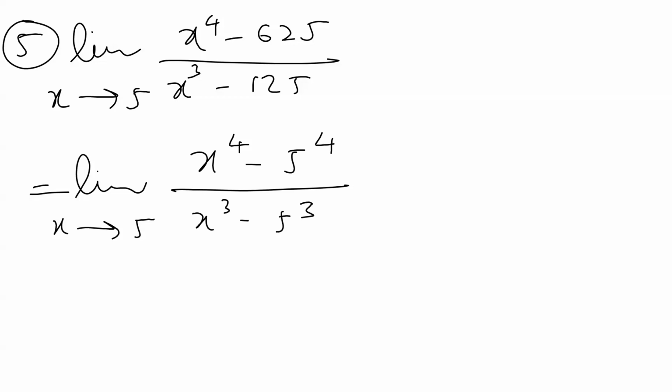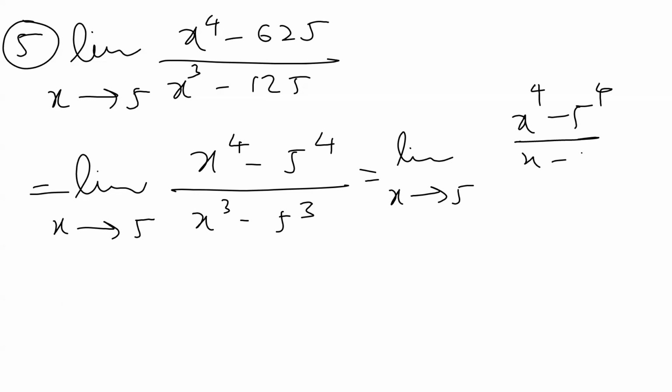And then multiply and divide by x minus 5, dividing throughout by x minus 5. Okay, good. So I'll divide the numerator and denominator by x minus 5.